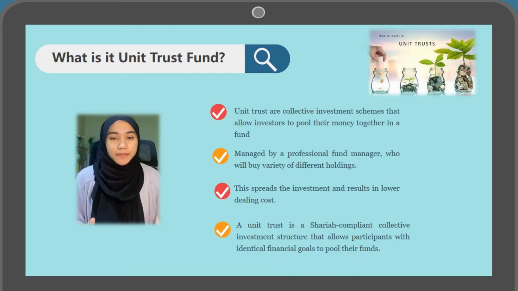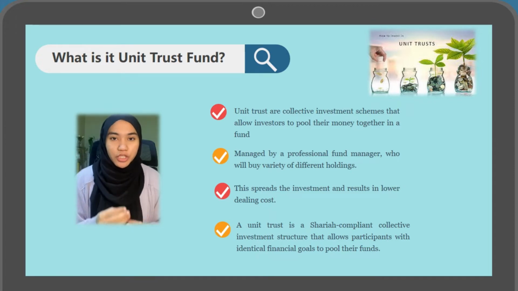In Sharia terms, however, a unit trust is a Sharia-compliant collective investment structure that allows participants with identical financial goals to pool their funds.